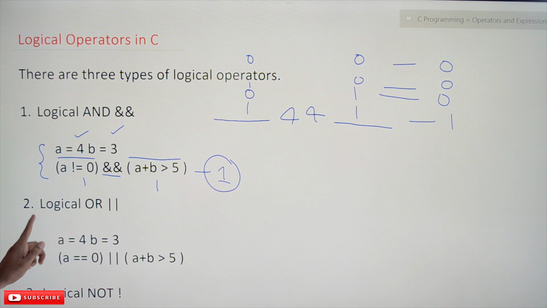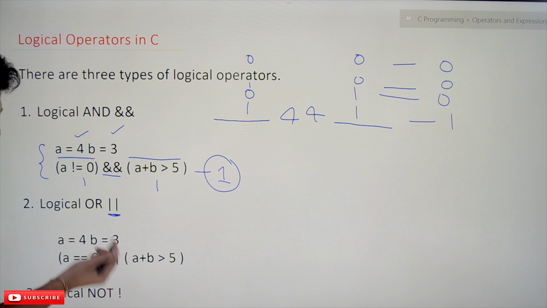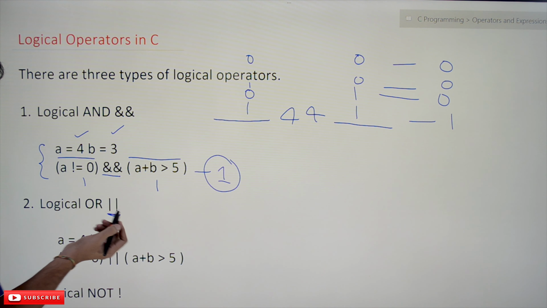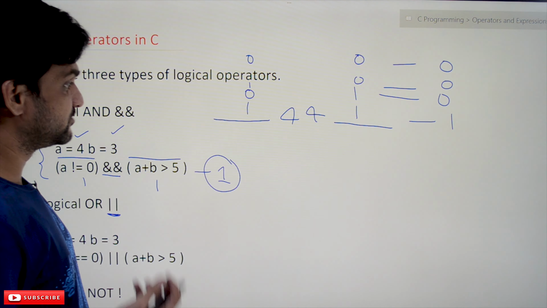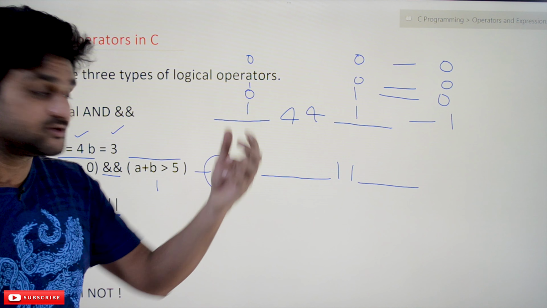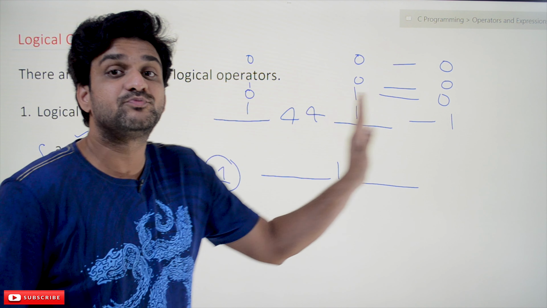Okay, next one is logical or. This is the symbol, double pipe, the two pipe symbols on the keyboard, used as the logical or operator. The logic behind the logical or operator is, if any one of the operands produces an output of 1, then the output of this entire expression is going to be 1.